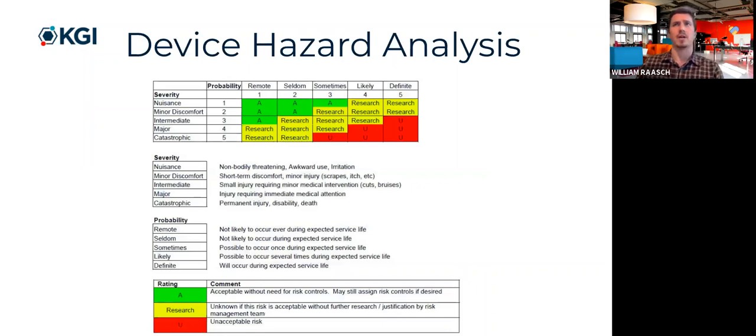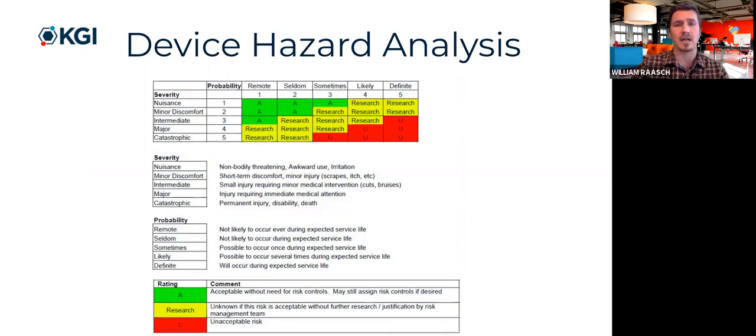All right, finally, I want to introduce the concept of device hazard analysis. This is basically a two-criteria analysis of what your different risks are. The FDA finds this sort of analysis very important, particularly with user interfaces, and it can be used with your user testing as well.